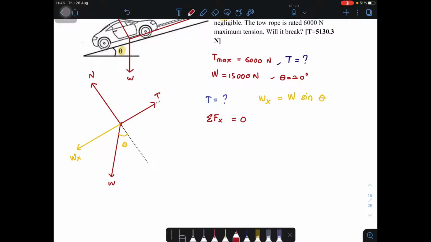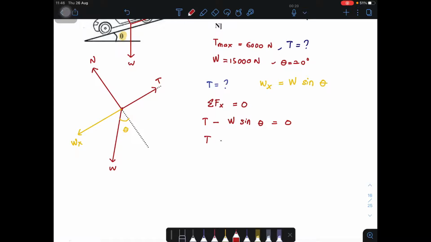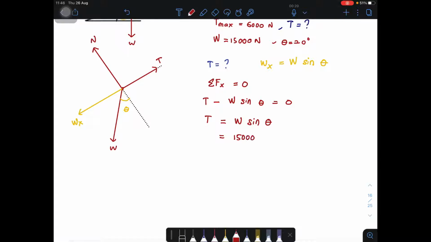So masukkan T minus, okay, dia ke kiri kan? Remember, it will be minus W sin theta equal to 0. T is equal to W sin theta. So W kita ada value dia. Masukkan saja sin, and then theta is 20 degree. So kamu tekan calculator and then you will get 5130.3 Newton.